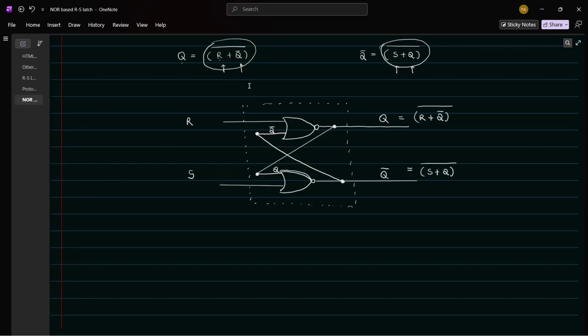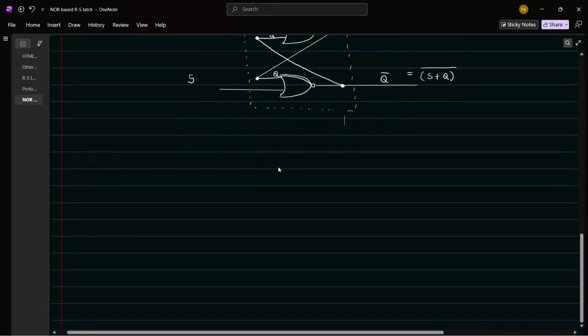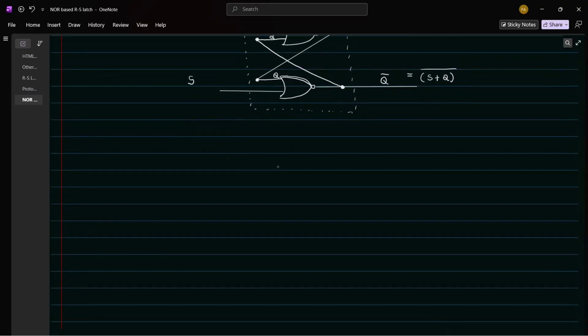Now let's understand how this works. We have R and S, and then we have Q, which is given as R plus Q bar, whole thing bar, and Q bar, which is equal to S plus Q, whole thing bar. Now you have to be very careful about one thing.